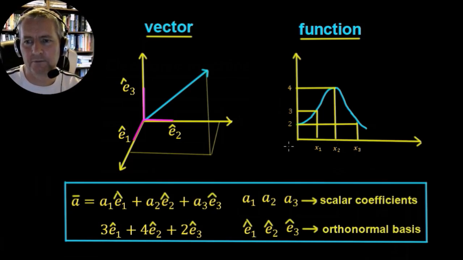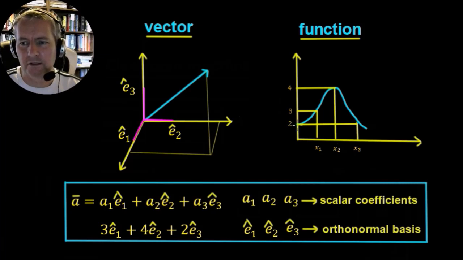So how can our function then become a vector? Well, let's look at this quite loosely, but it gives you a good indication. Let's imagine we had this function drawn out in blue. Let's say the function wasn't actually a continuous function, and it was only a discrete function with only 3 points: x1, x2 and x3. Let's say the height at x1 was 3, the height at x2 was 4, and the height at x3 was 2. Then this little digital function would look the same as this vector here.